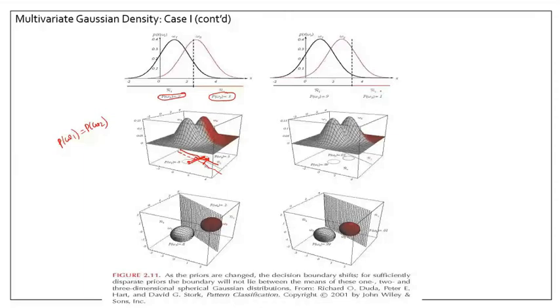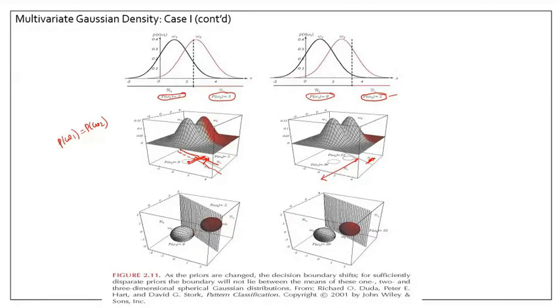Now in the second situation, the prior of omega 1 is 0.9 and the prior of omega 2 is 0.1. So still this line is moving towards omega 2. The area of omega 1 is increasing since its prior is increasing, and the area for class 2 is decreasing since its prior is less.